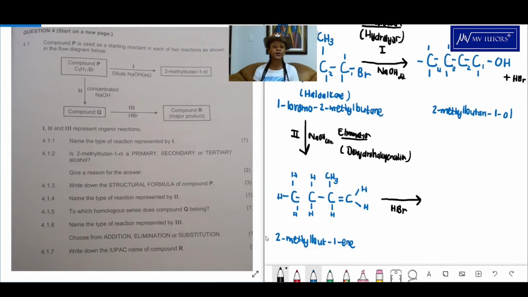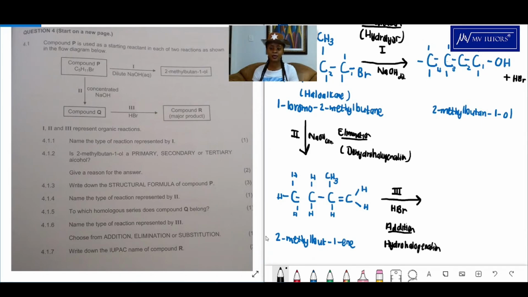Hydrogen bromide, hydrobromic acid. So if we are now going to add it, the type of reaction that we get on the third is actually an addition reaction. And what kind of addition reaction? Well, it's a hydrohalogenation, because we're adding a hydrogen and we're also adding a halogen.